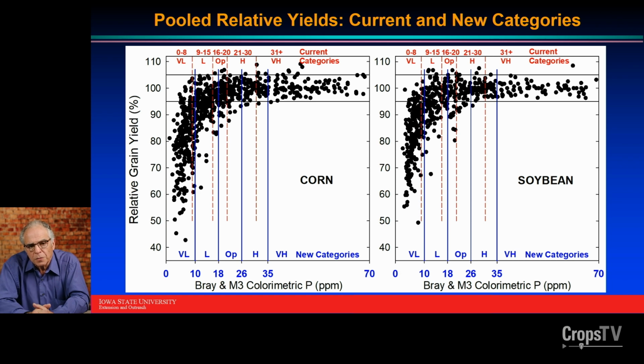The other thing that worries me and is behind these changes upwards a bit is that in spite of about 15 or 20 years of the North American Proficiency Testing and another program that is out there for the labs, the bias between labs is still huge.